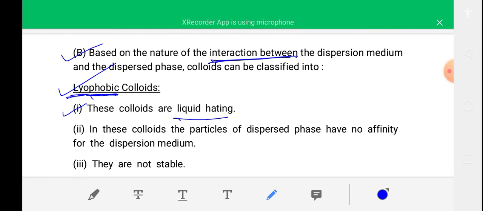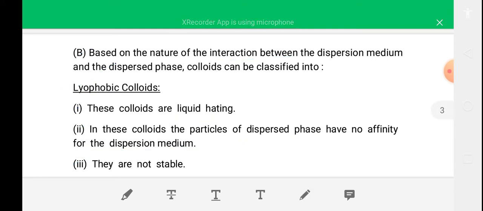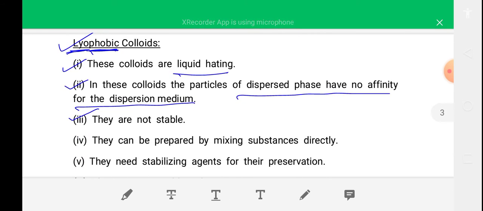In lyophobic colloids, the particles of dispersed phase have no affinity for the dispersion medium, and lyophobic colloids are not stable. They are less stable.